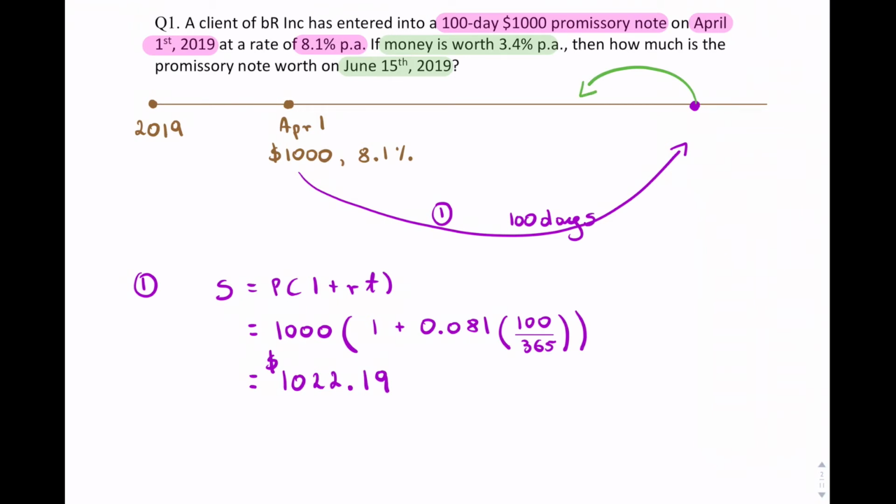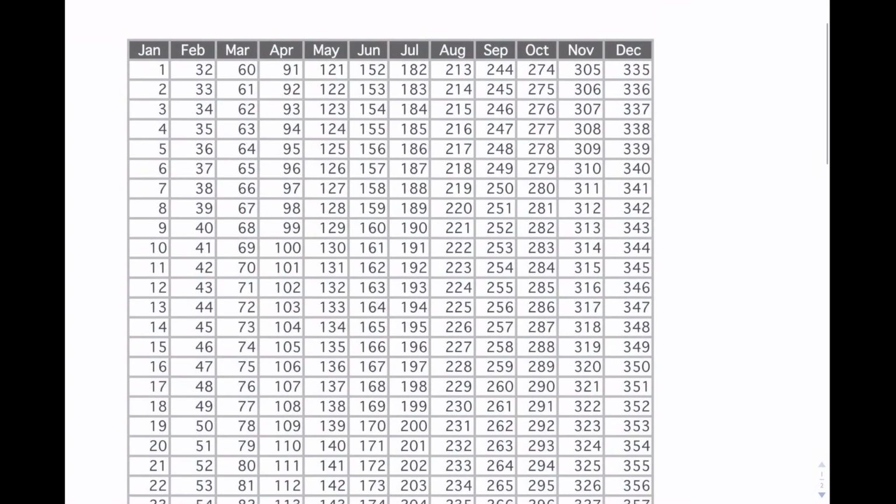So June 15th. Now the problem, of course, is we need to know how much time this is, so let's figure that out. We need to know this date, so let's find that out. We have our calendar here.